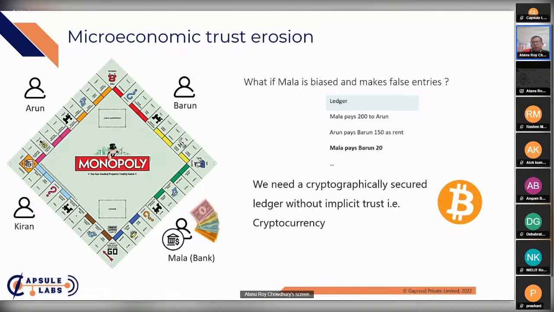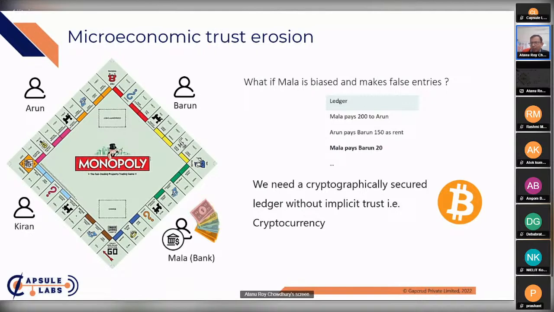A quick solution would be to say that we need a cryptographically secured ledger without any implicit trust. So that anybody can believe it, and because it is cryptographically secured, nobody can make any changes to it, right?